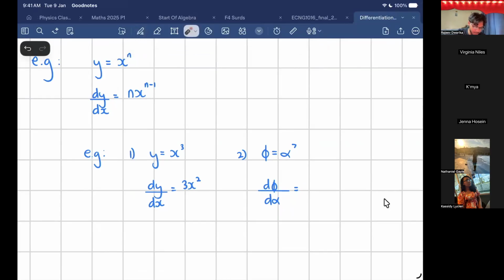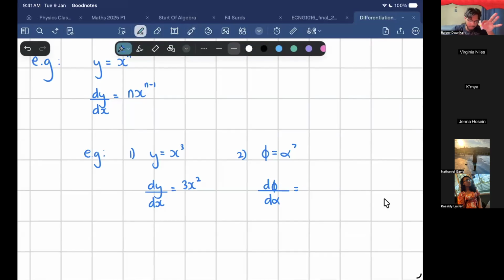Look at this example and tell me what to do here. You multiply. I know you multiply by the power. Right. Tell me the answer. Let me correct.